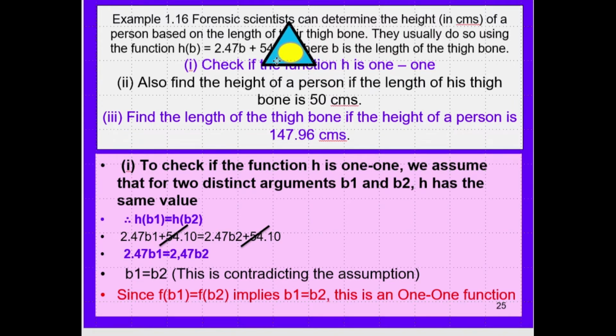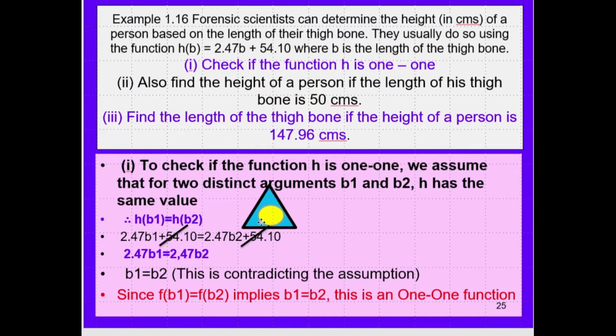Forensic scientists get a lot of human body samples for investigation. Sometimes they will not get the whole body, they may get simply one thigh bone. Using the thigh bone, they calculate the height of the body using this relation: height of the body as a function of thigh bone.